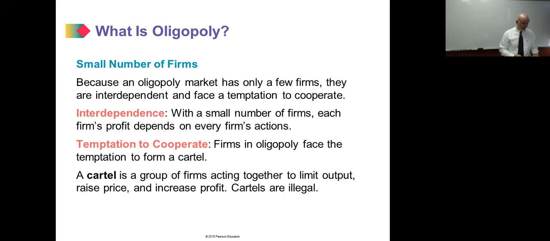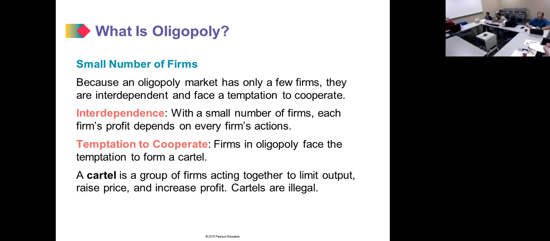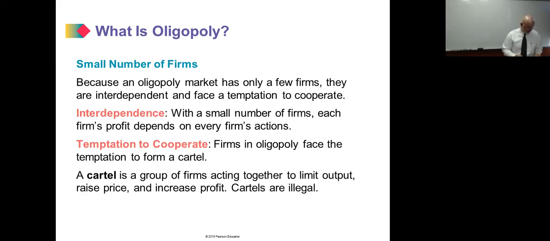What else? How about cable TV and internet? Cable TV and internet, definitely. Could the trash people in the area that you live in count?